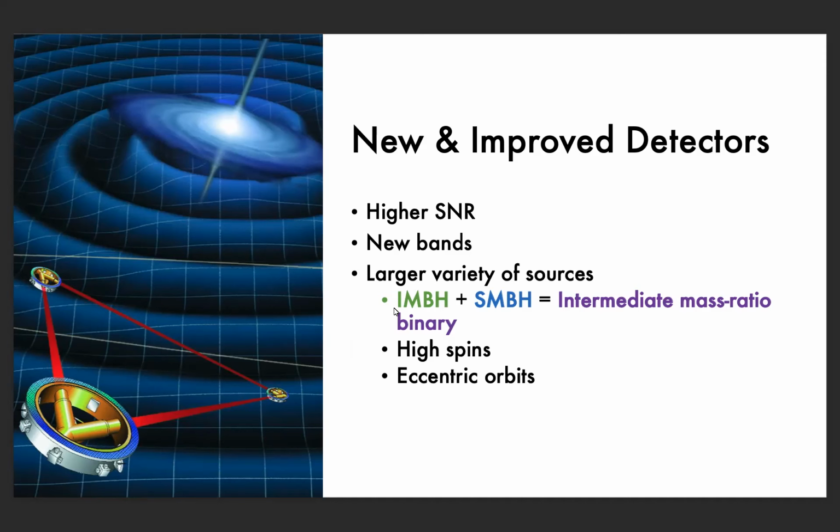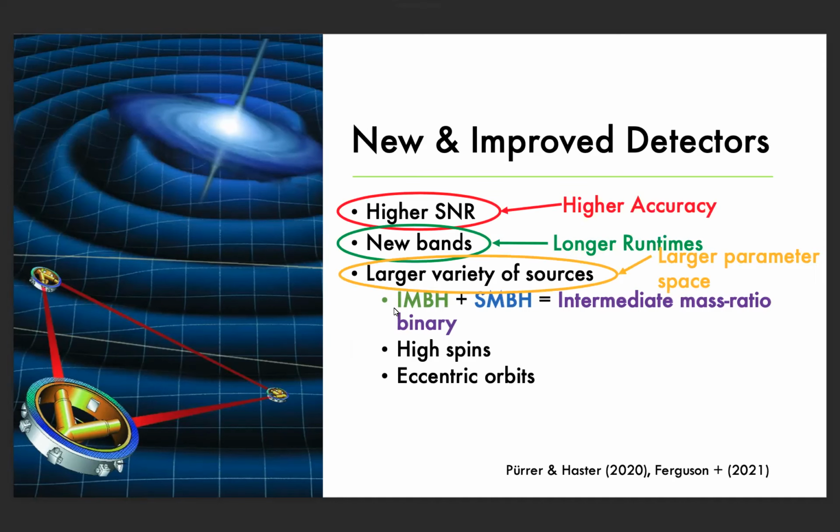In terms of numerical relativity, all of these things pose new challenges, because when you have a higher signal to noise ratio, you need higher precision waveforms so that you can extract the science that's available, to maximize the scientific output. When we have new bands, sometimes that requires longer run times, given the different time scales to merger.